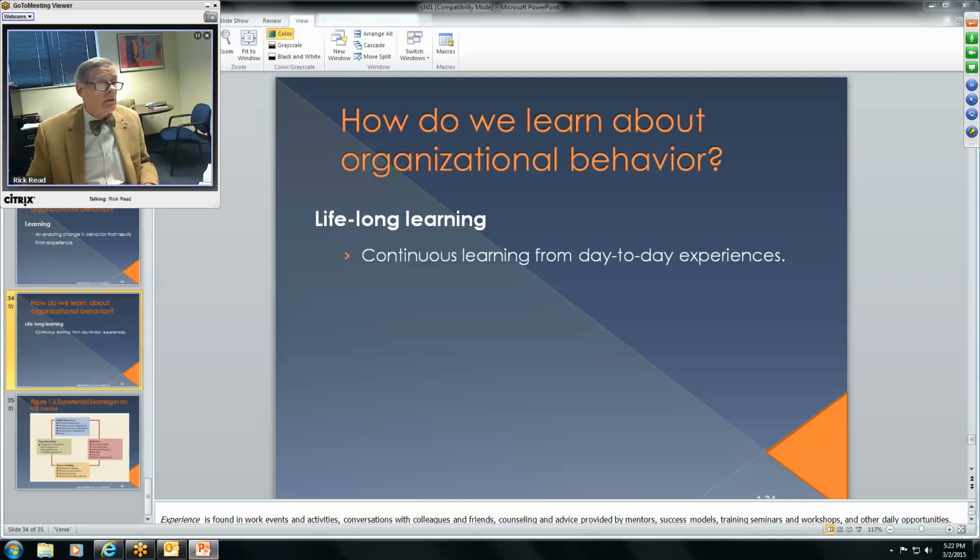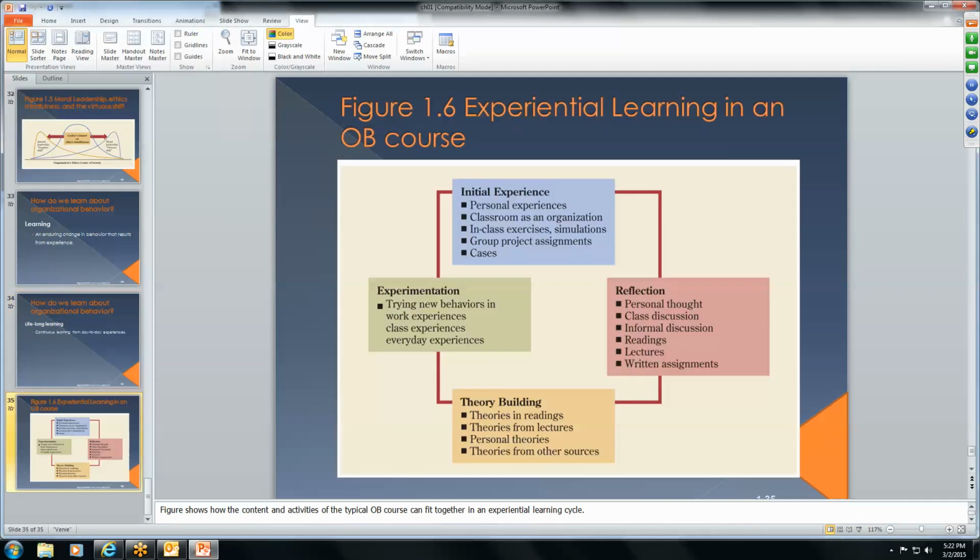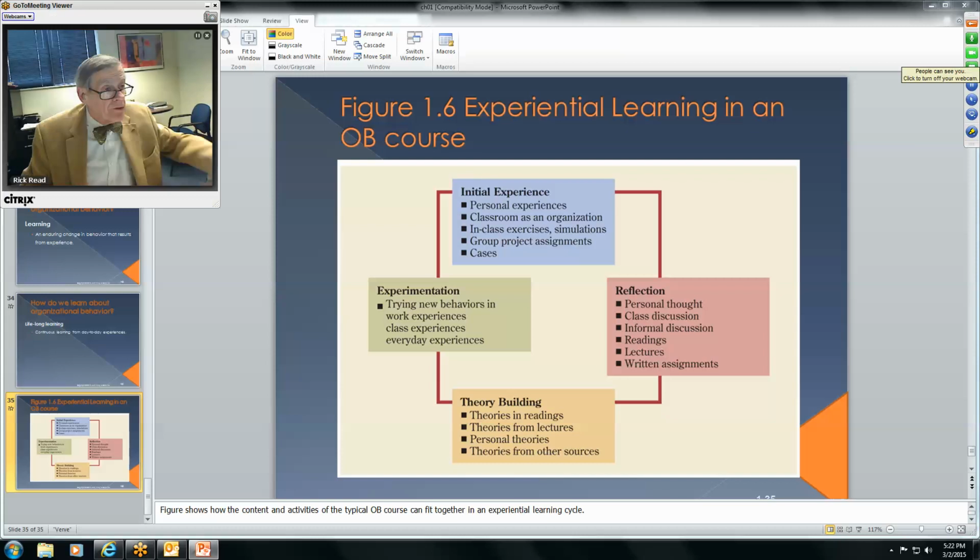And then finally, this is somewhat akin to what is known as the Kolb theory. David Kolb was an adult learning person, and he talked about, here we have initial experience, as you can see it here, and then it goes to reflection, to theory building, and to experimentation.